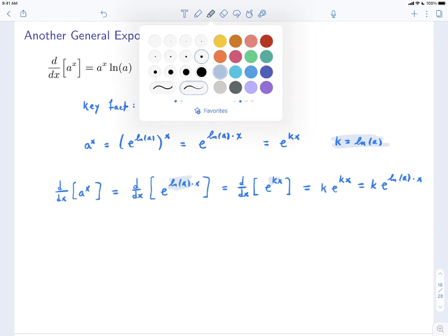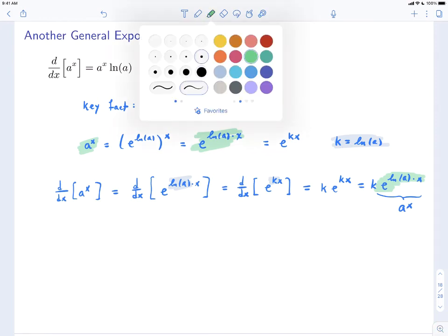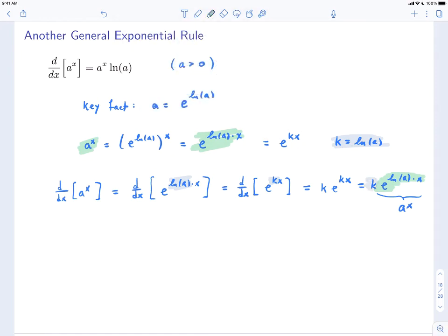So this quantity, e to the ln of ax, that's this thing right here, that's the same as a to the x. So all of this stuff that we've highlighted here, that's a to the x. But what was k? Let's not forget what k was. K was ln of a. So that k there, that's ln of a.